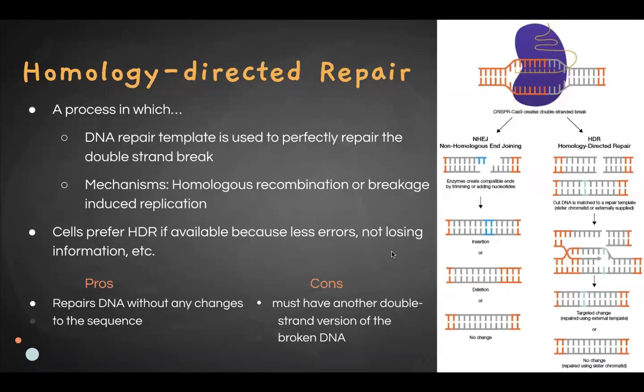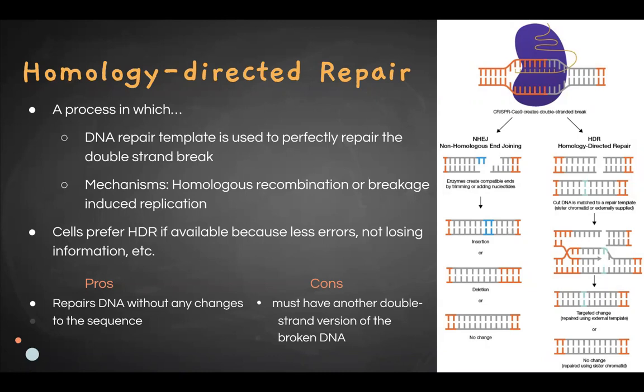Okay, so homology-directed repair is another process used to repair these double-stranded breaks. In this process a DNA repair template is used to perfectly repair the double-stranded break. This mechanism uses homologous recombination or breakage induced replication.